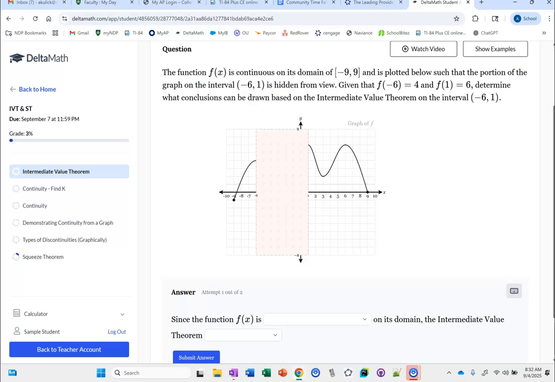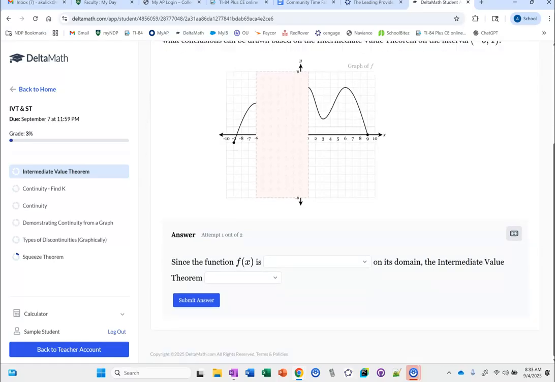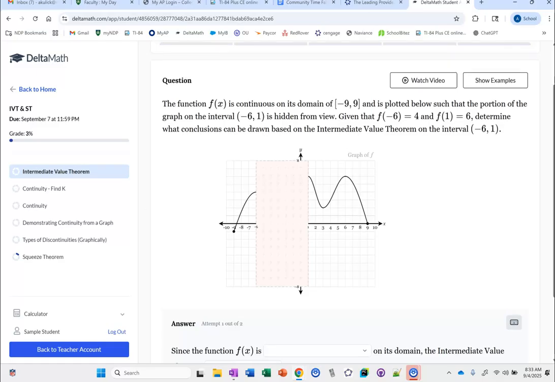So the other one that we need to be able to do that with is the intermediate value theorem. This is an example, and I really like this example because it's giving a template of how to answer this question using the language of the intermediate value theorem.